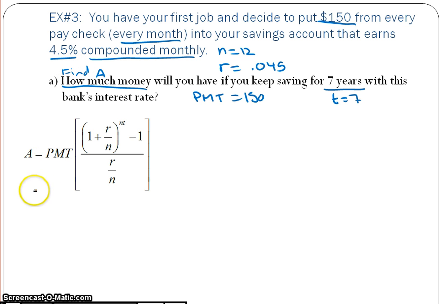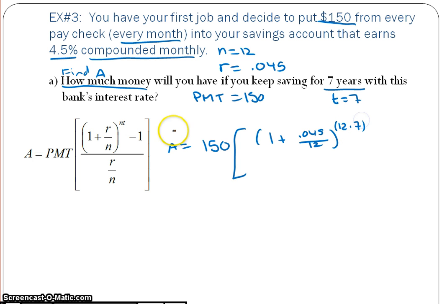Okay, so we're going to plug everything in. A is PMT, 150, times 1 plus R, 0.045 over 12, to the parentheses 12 times 7, nt, minus 1, and all of that divided by R over n, 0.045 over 12.